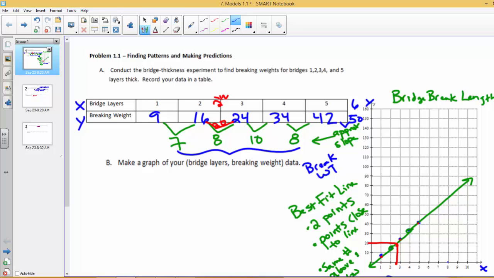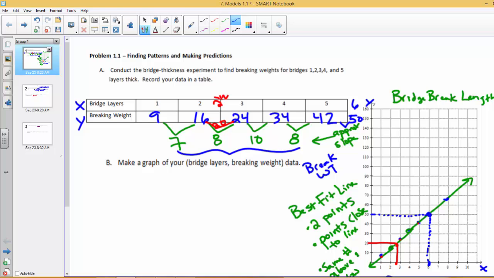Another way to do this is to come down here to 6, trace it up, and trace it over.